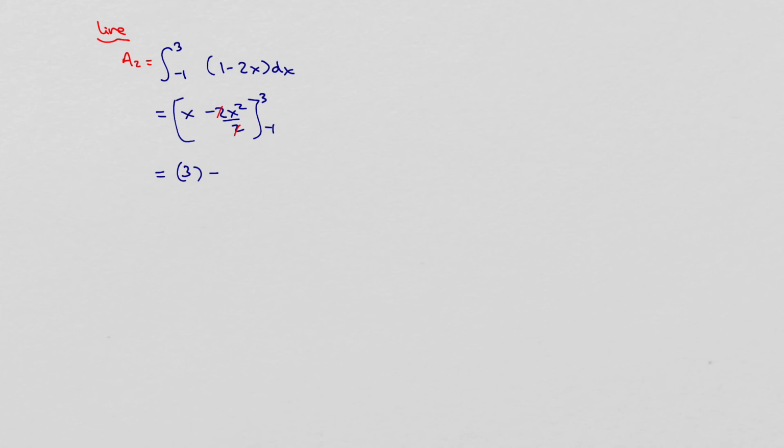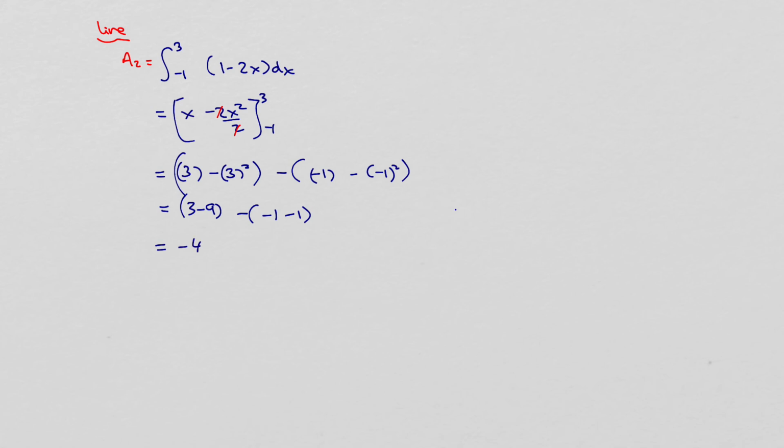So I'll have minus 3 squared. And then my lower limit is -1. So simplifying that, I have 3 minus 9 minus -1 minus 1. And that gives me -6 plus 2, which is -4.